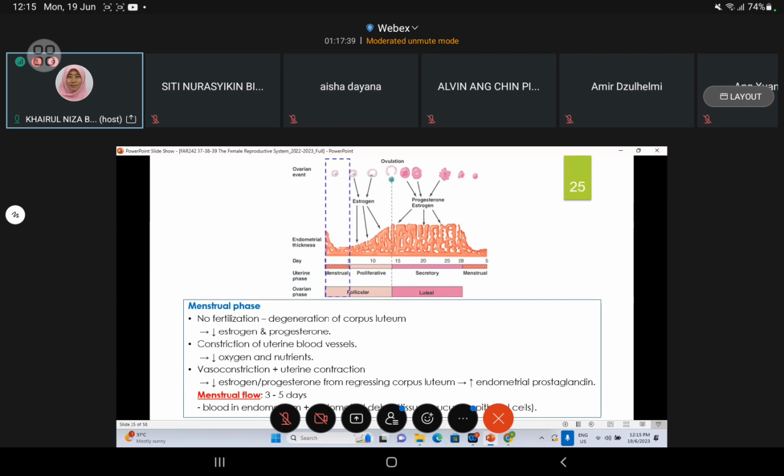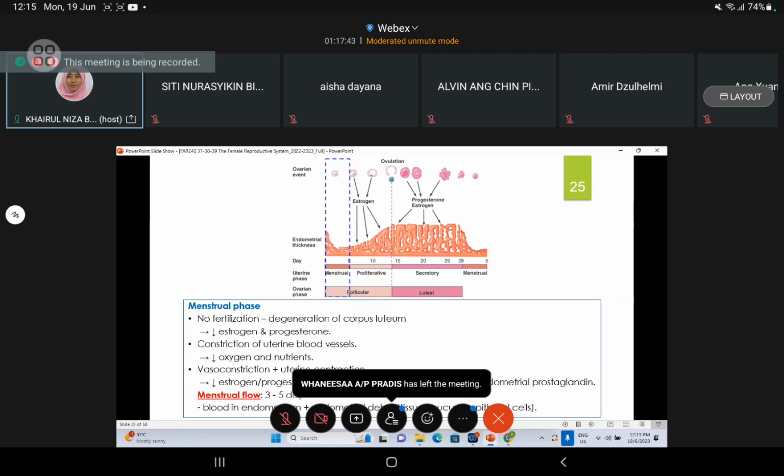Okay, let's look at the first phase, which is the menstrual phase. Here we can see the lining of the uterus, or the endometrium, is very thin.